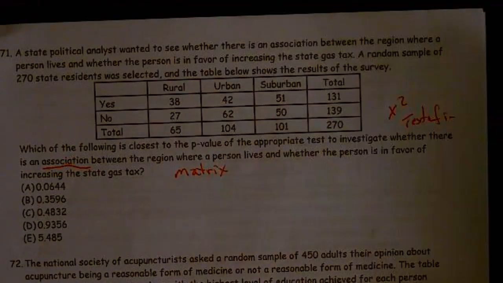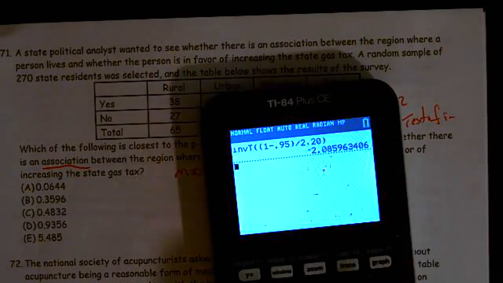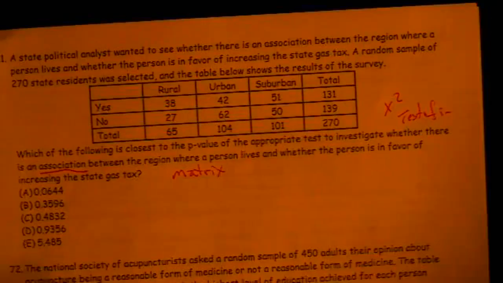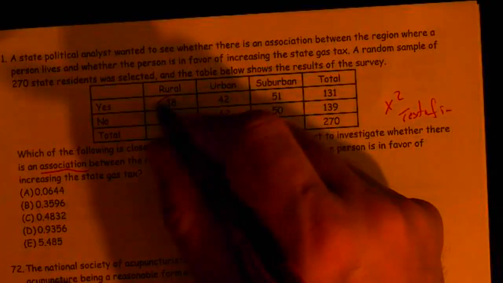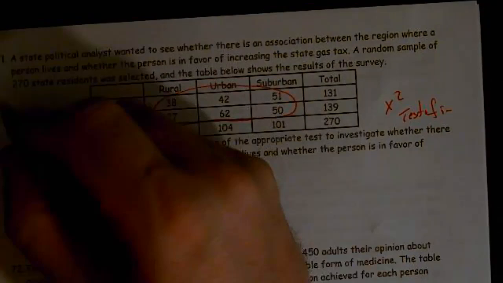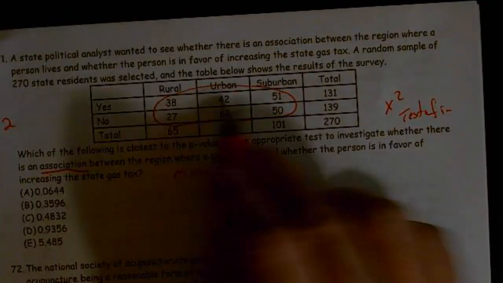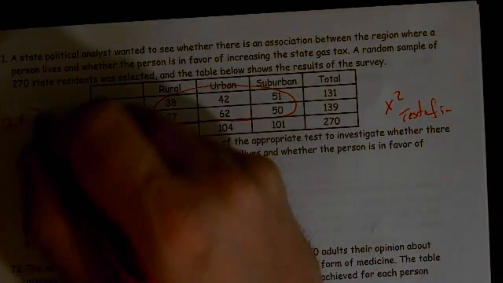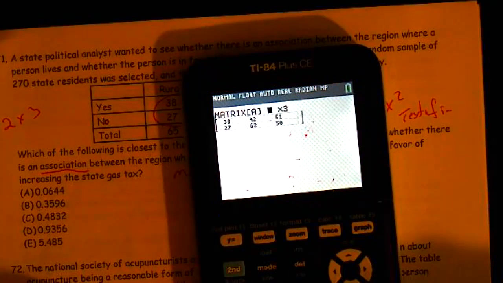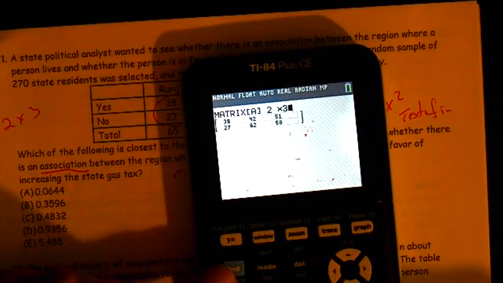And I'm going to have to enter the matrix. Well, I've snuck ahead on this one, and I went second matrix. And notice this part right here is what makes my matrix. I have 2 rows and 3 columns, so this is a 2 by 3 matrix. So edit, 2, enter, 3, enter.